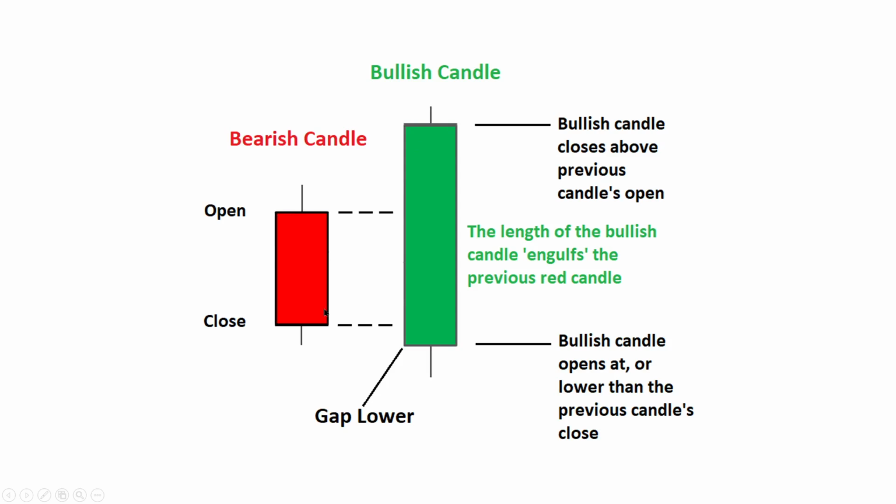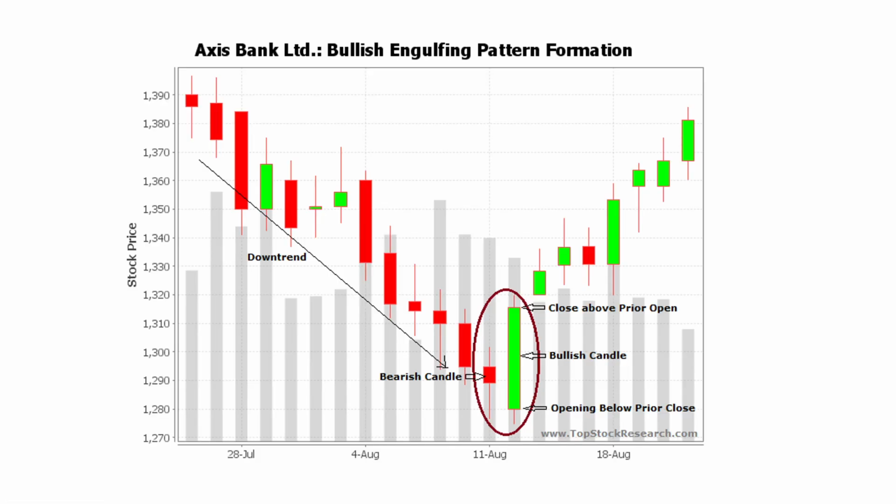So that's what we're looking for in a reversal. This is a reversal pattern. It's a bullish engulfing is what it's called, and it's a bullish setup. So when you see this, like here, this is a downtrend into a bullish engulfing pattern that's in the circle right here. This candlestick is engulfing the one before it completely, and it means that there's a high probability that this is going to turn into an uptrend.